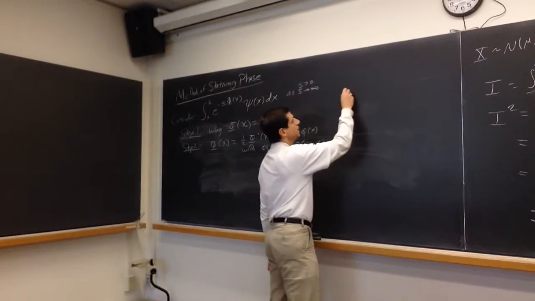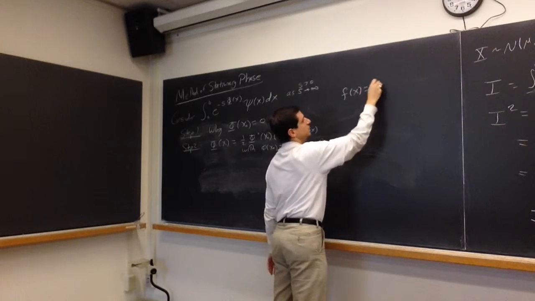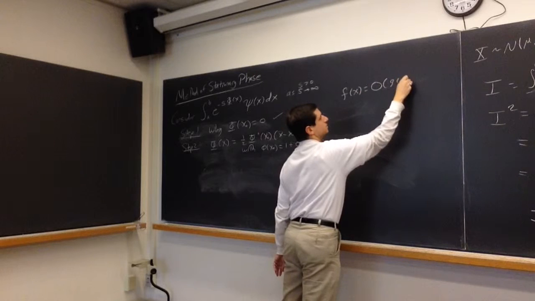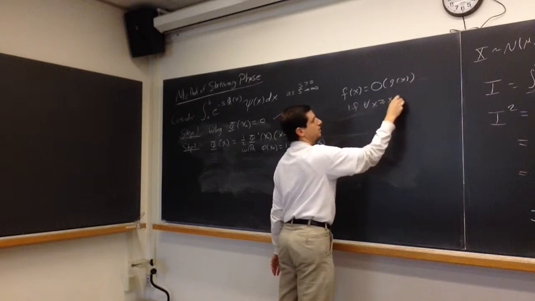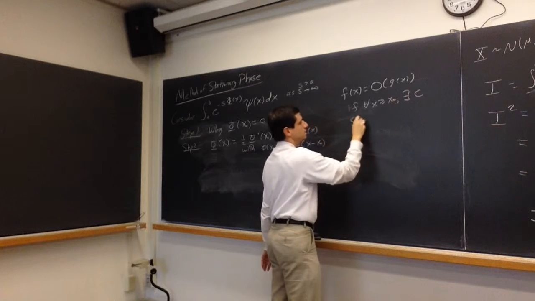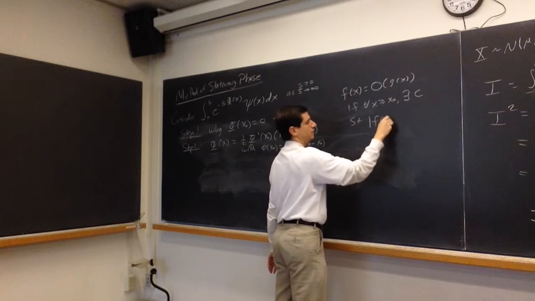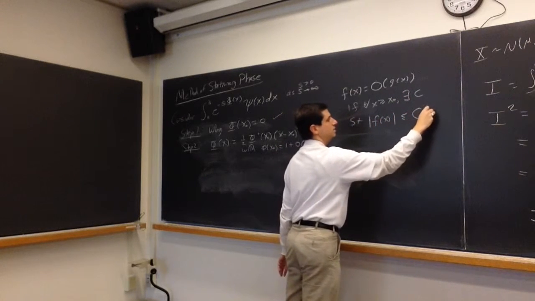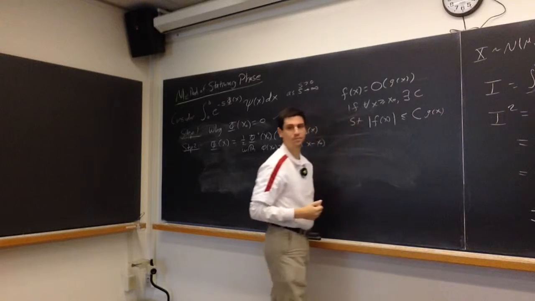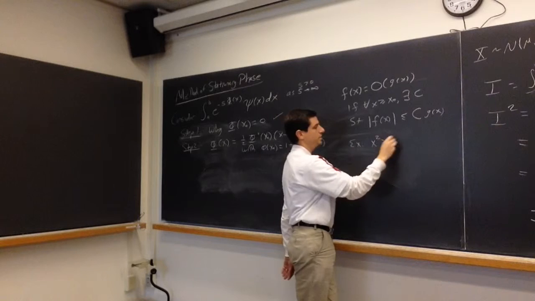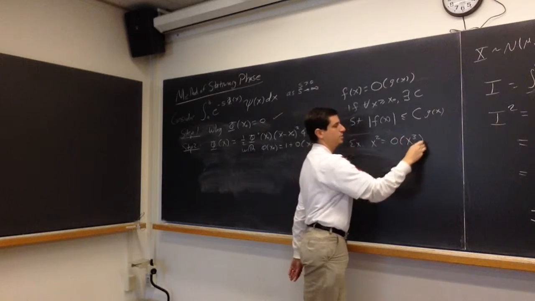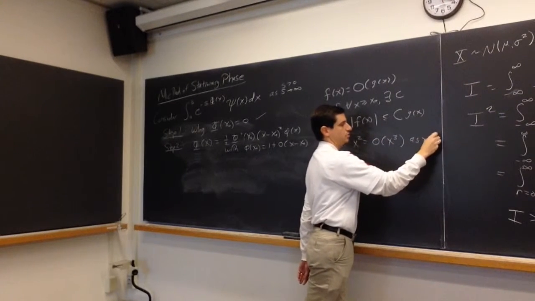Okay, that's fine. So we say f of x is big O of g of x if for all x greater than or equal to some x naught, there exists a c such that the absolute value of f of x is less than or equal to c times g of x. So for example, x squared is big O of x cubed as x goes to infinity.